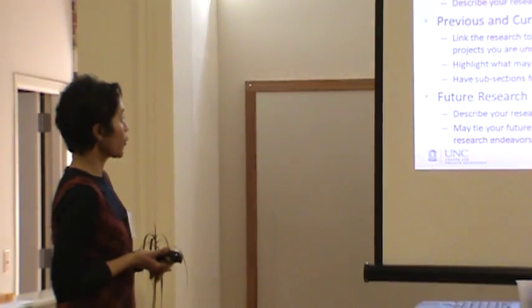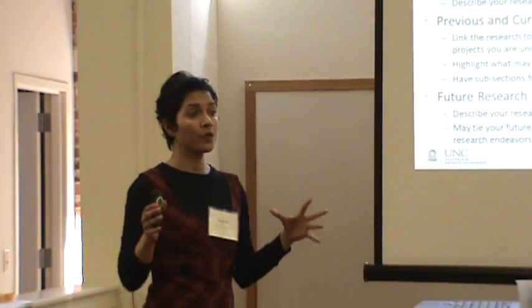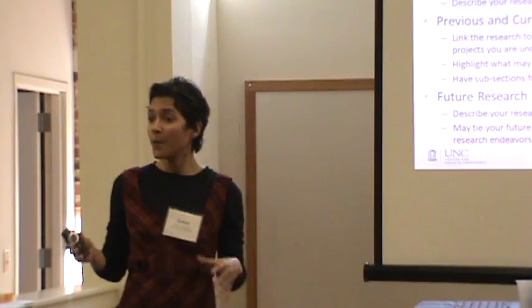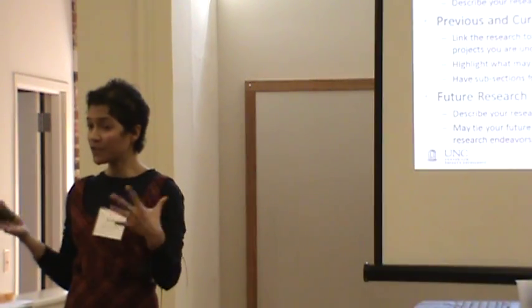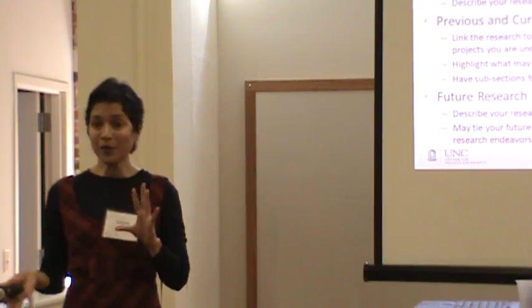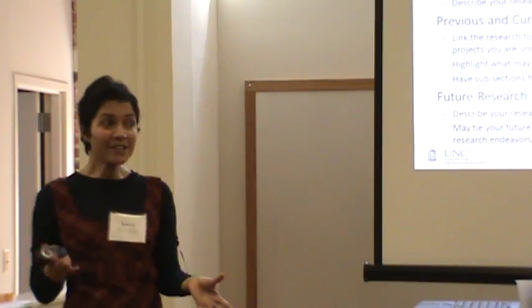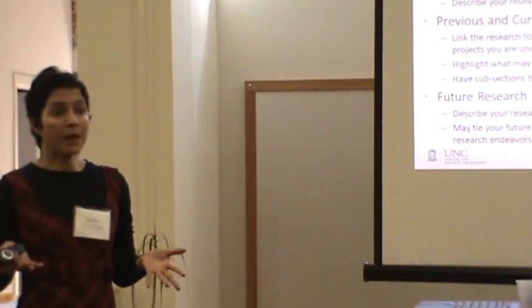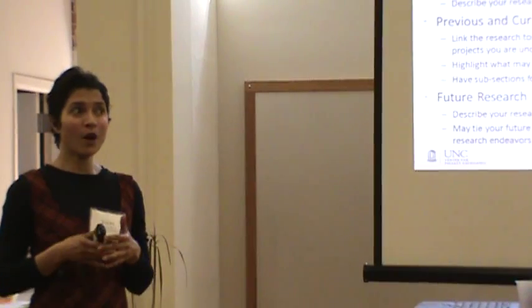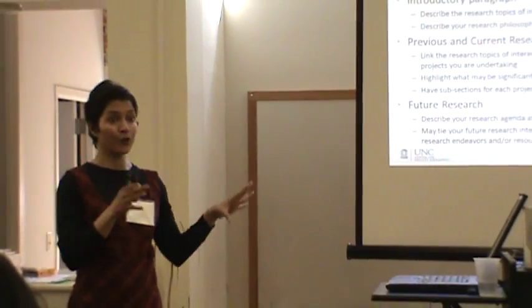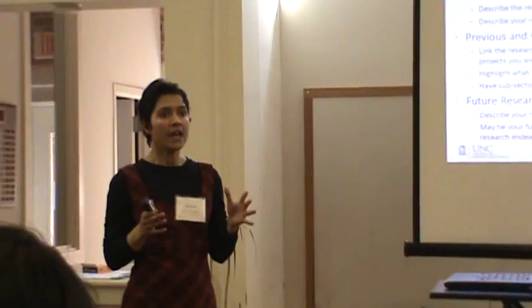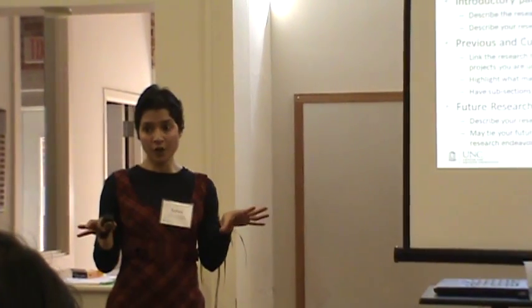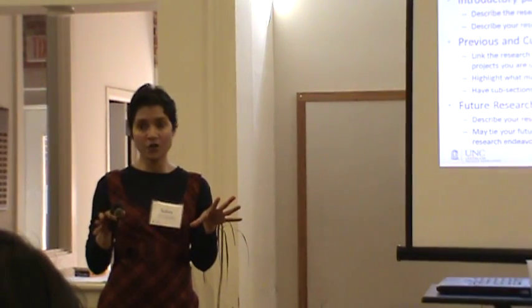So previous and current research. Obviously you want to talk about your dissertation research, but you might also be involved in a number of other projects as a doctoral student. Maybe as a master's student, you probably don't want to go earlier than that. I would stick mostly with your doctoral education if you've been involved in projects.